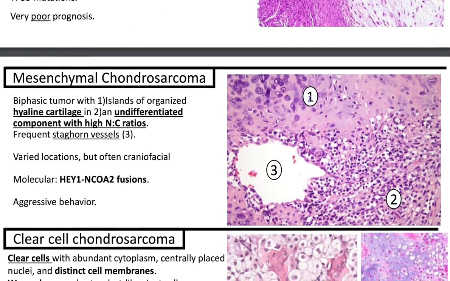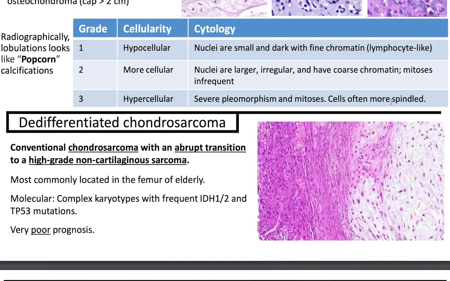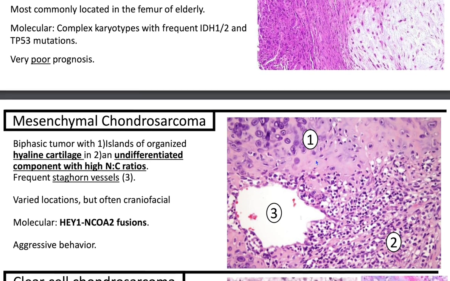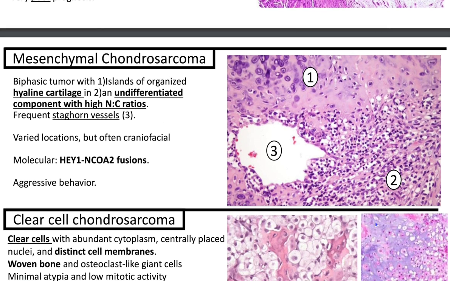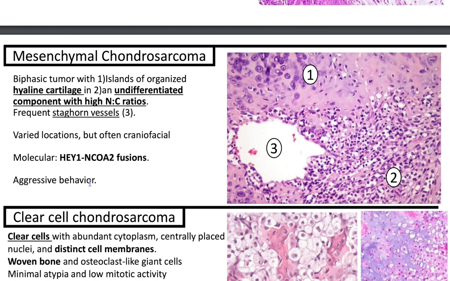Mesenchymal chondrosarcoma is similar to your dedifferentiated, where you have a kind of biphasic pattern. In mesenchymal, you'll have your hyaline cartilage as well as your undifferentiated component, which reminds you of a small round blue cell region. And molecularly it has the HEY1-NCOA2.